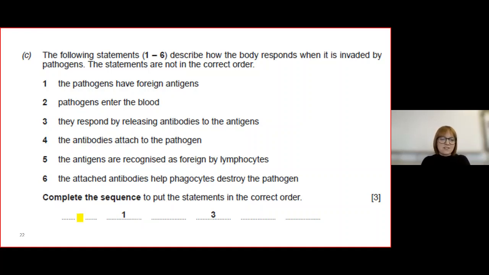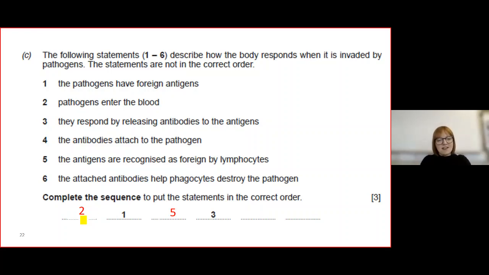So what's the first statement? Have a little look. The first thing that happens then is that the pathogens have got to enter our blood in the first place. Okay, so step 2 is the first one, pathogens enter our blood. Then we know that it's step 1, so the pathogens have foreign antigens. What would be the next step? 5, you're correct.